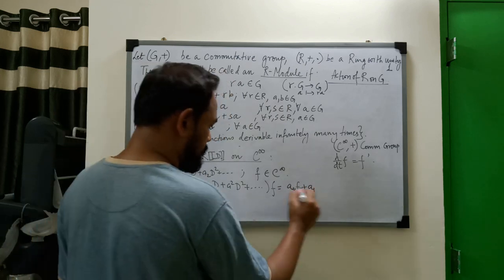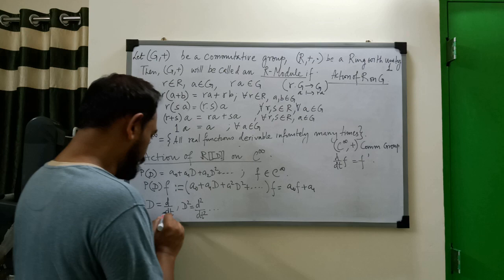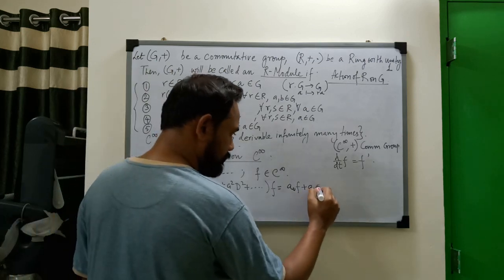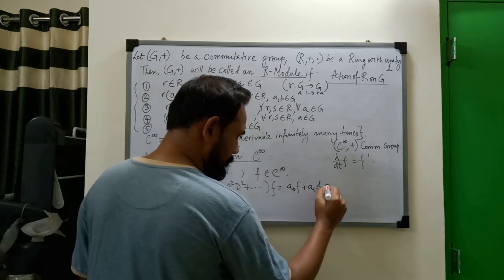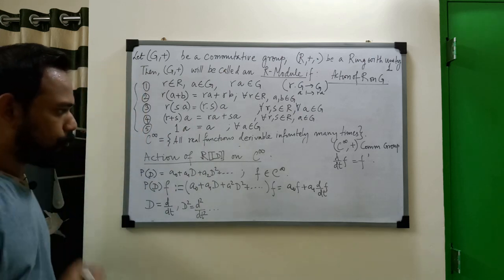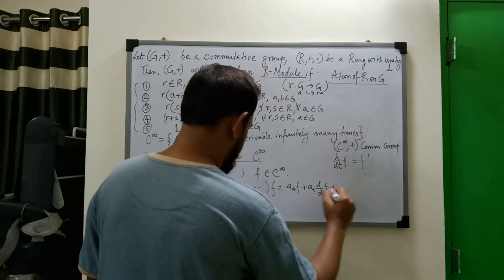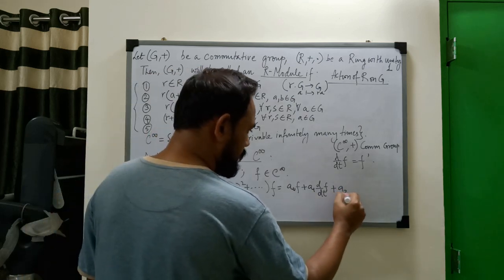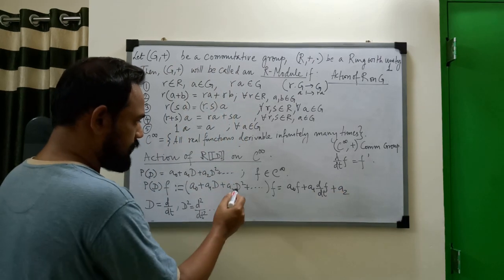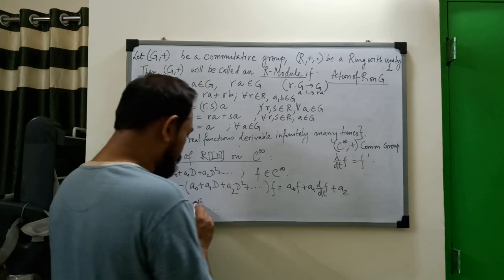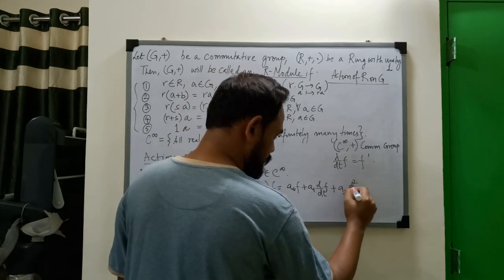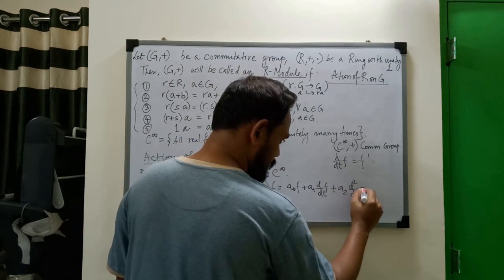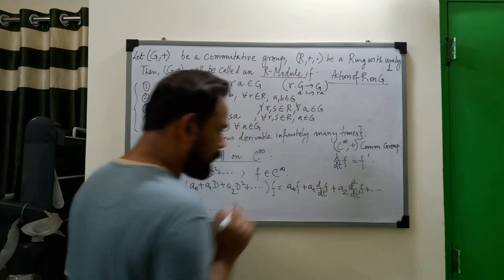A1 will multiply D on F, which is the differentiation of F, one time. This is A2 down here. A2 will multiply D square on F, which is the double differentiation of F. And you go on like this.